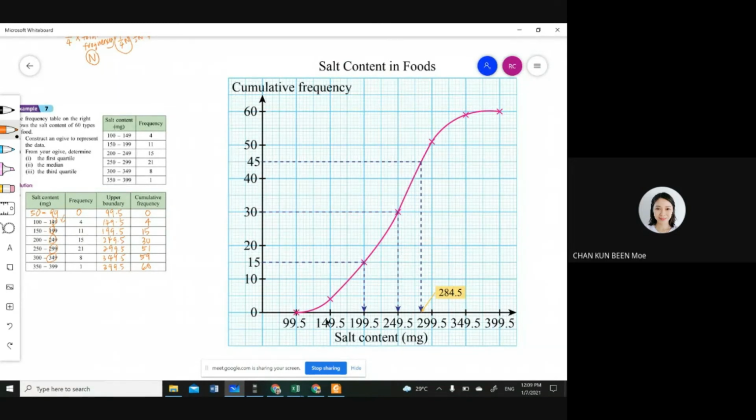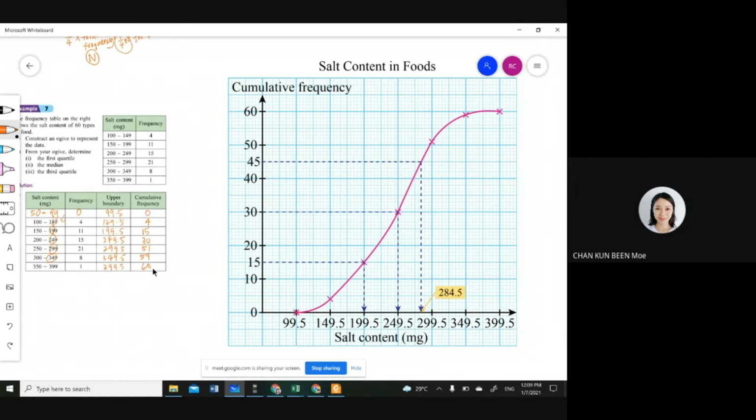Make sure you use the correct, uniform scale. So 2 centimeter represents 50 here: 99.5 until 149.5, and then 199.5, and so on. For the cumulative frequency, same thing on the y-axis. We are going to start with 0, and then observe the numbers that we have. Total, we have 60.